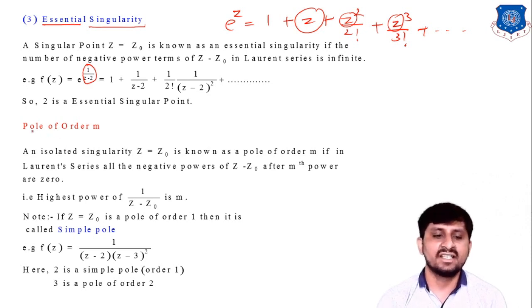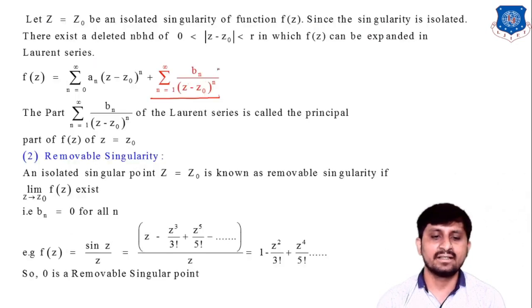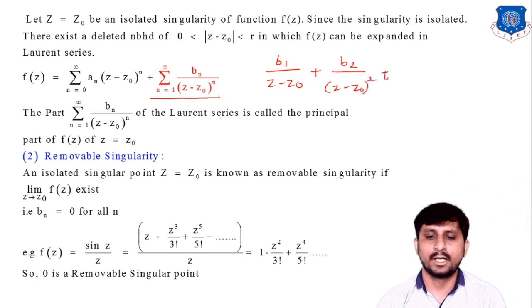Now the next concept is pole of order m. Suppose once again that the principal part has finitely many terms: b1 upon z minus z0 plus b2 upon z minus z0 whole square plus up to bm upon z minus z0 raised to m.